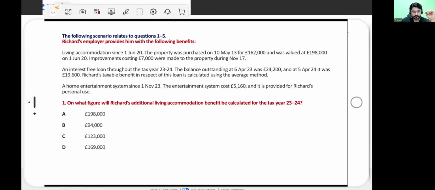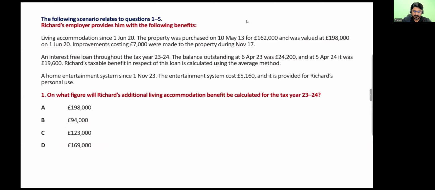Here we go. We have this scenario in front of us, and the following scenario relates to 5 questions. And here is the first question: on what figure will Richard's additional living accommodation benefit be calculated for the tax year 23-24?